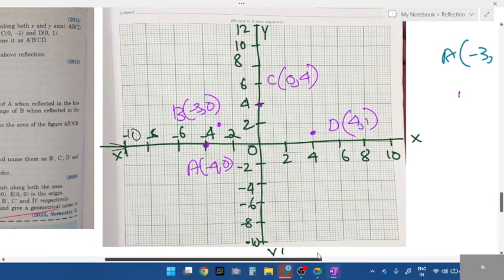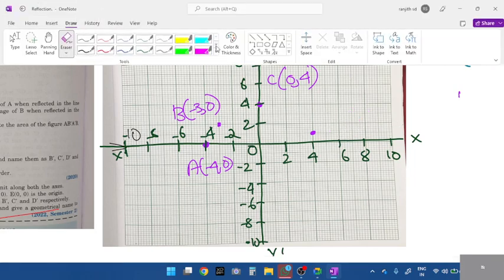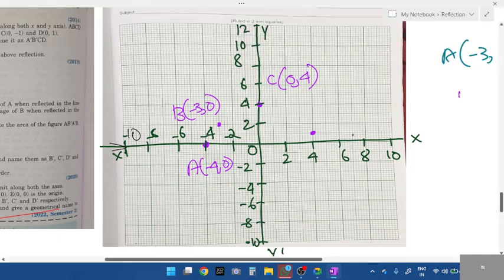Where do you plot 7, 3? Between 6 and 8. 7 and 3. Is it correct? D and E? This is D. Okay.